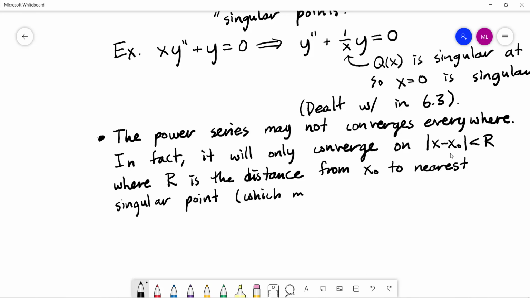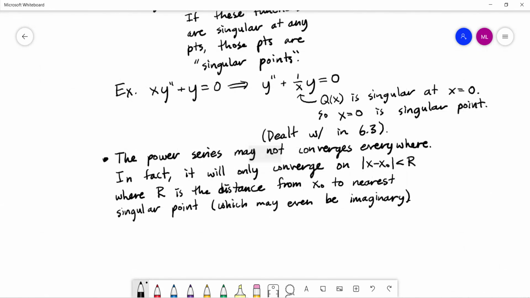Which may even be imaginary. So even if you have no real points that are singular, but if there's a point in the complex plane that turns out to be a singular point, you're still going to have convergence issues if you go too far from the point that you're centered at. So that distance is going to play a role.